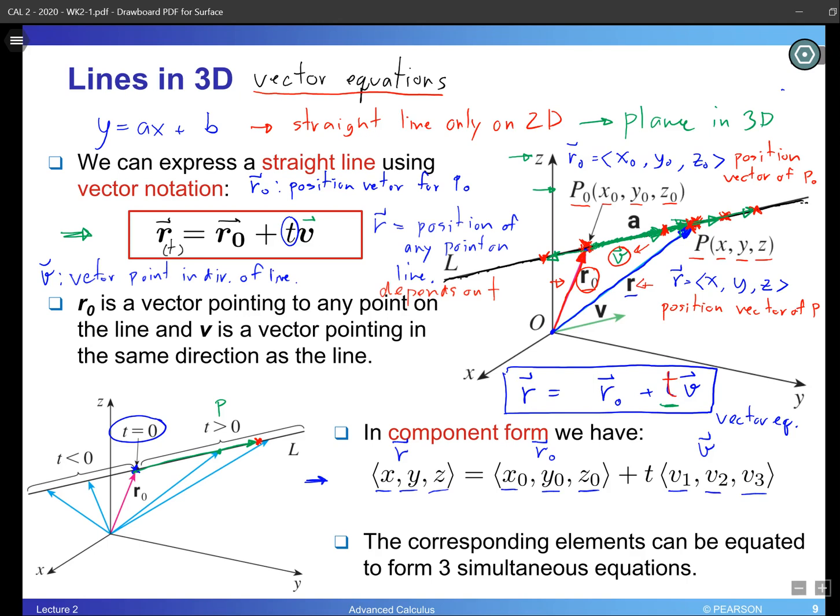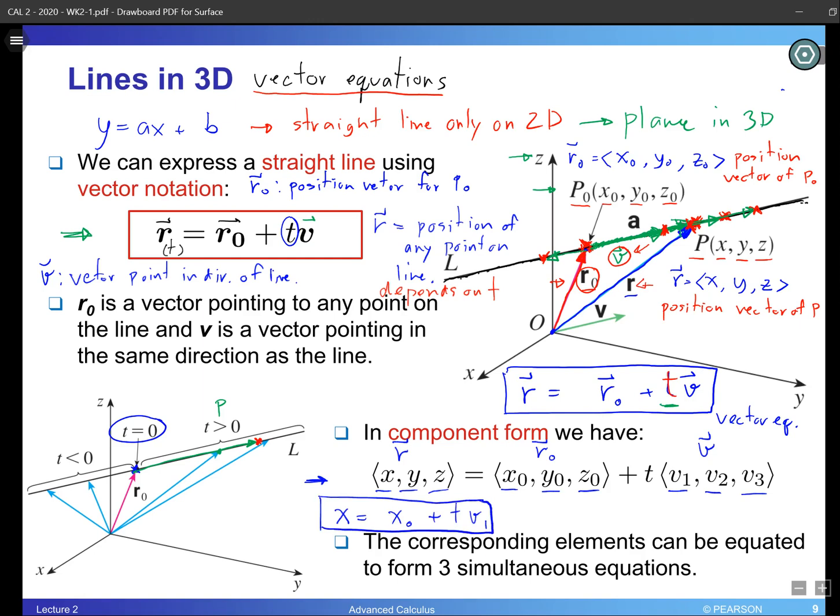The reason I wrote this is that we can look at the vector equations component by component like this. And when we look at this equation, we can separate the components from each other. First, I'm going to separate the x component out of this equation. I get x equal to, on the other side, I take the x component, x0, plus, now the x component of v, that is v1, t. Alright, that is the first component, the x component.